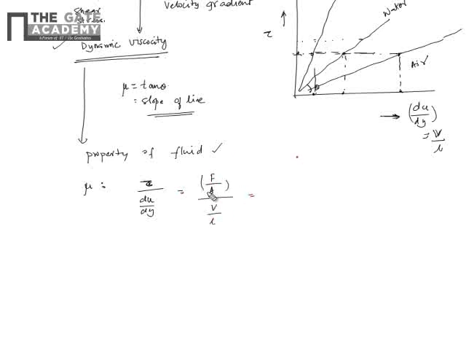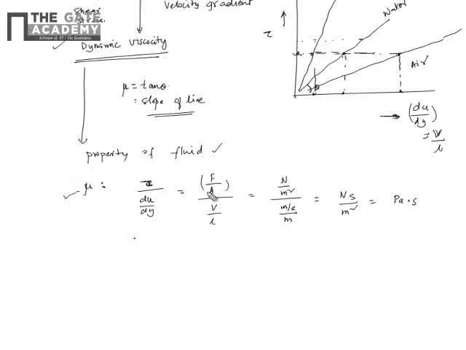So in units, it is Newton per meter square divided by meter per second by meter, which gives Newton second per meter square. Newton per meter square is Pascal, so Pascal second is the unit of dynamic viscosity.